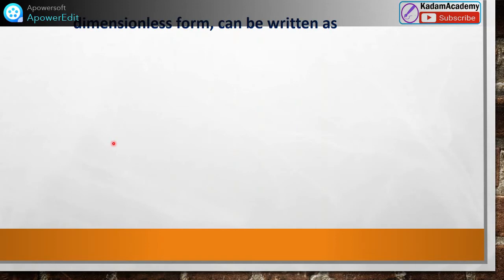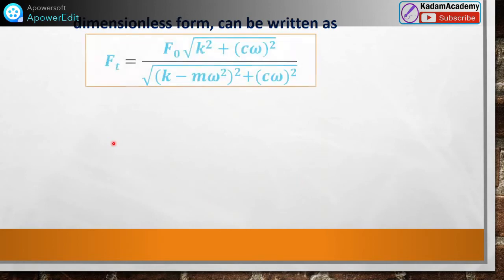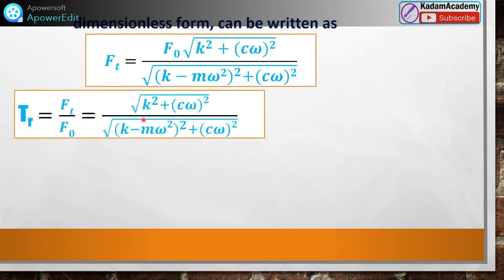Just we have to convert this equation into a dimensionless form. How can we convert it to the dimensionless form? We have to see it step by step. Ft is equal to F0 upon this, which we have already written. This Ft is the transmitted force, and what is this F0? It is the excited force.